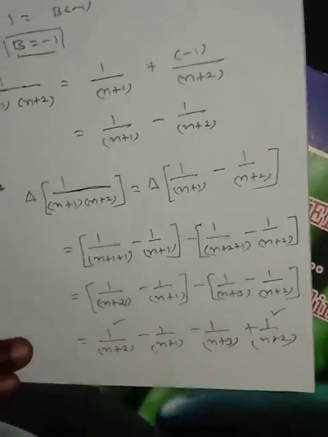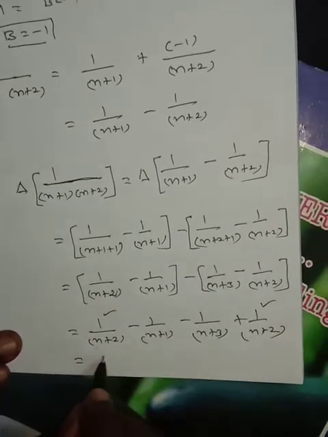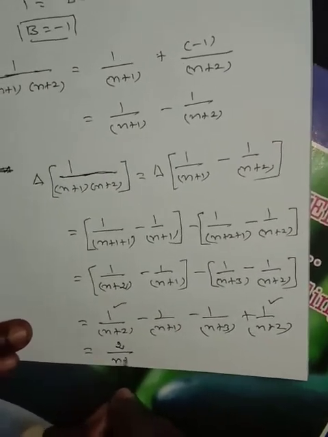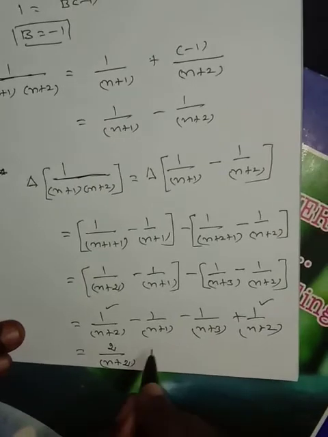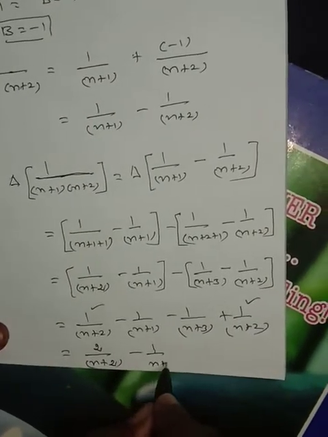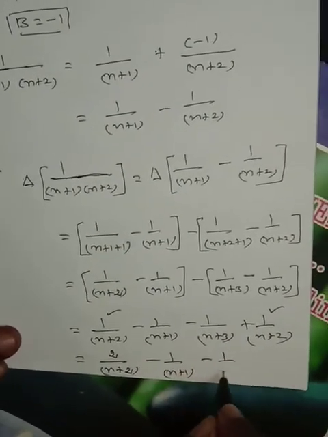Take first and last: 1 plus 1 is 2, so 2 divided by x plus 2. Next, minus 1 by x plus 1 minus 1 by x plus 3.